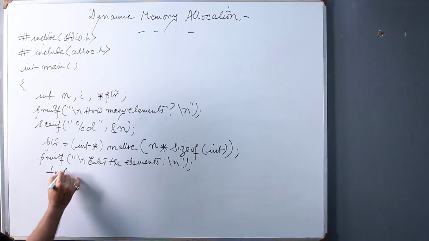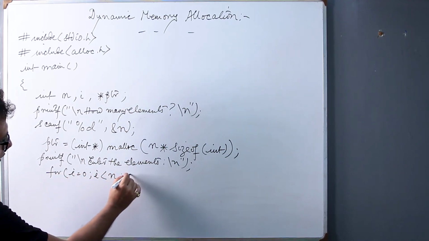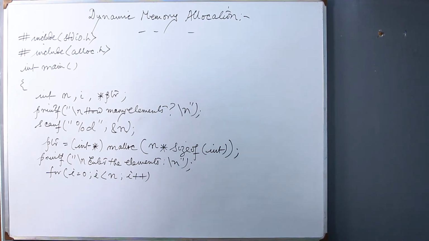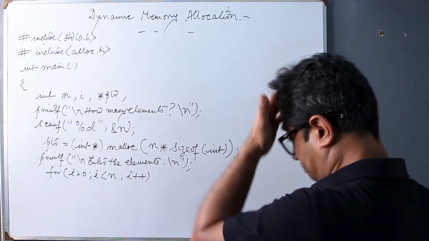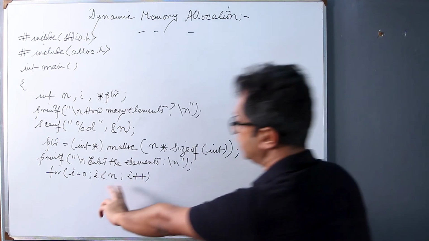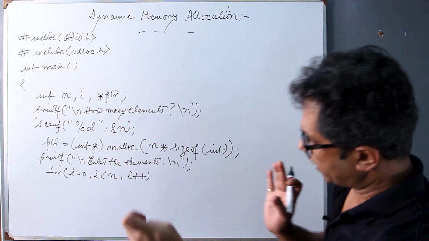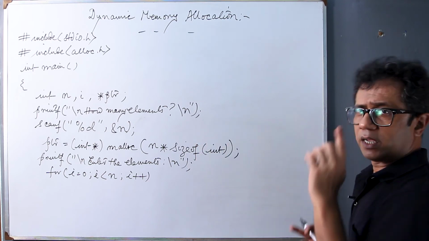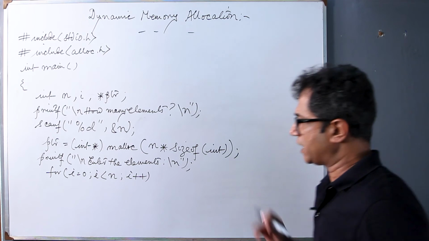Now for i = 0, i < n, i++, this is quite familiar to you. Now we will take the help of pointer arithmetic to put the elements in contiguous memory locations, and again I am reminding you, the memory allocation has been done in a dynamic way.